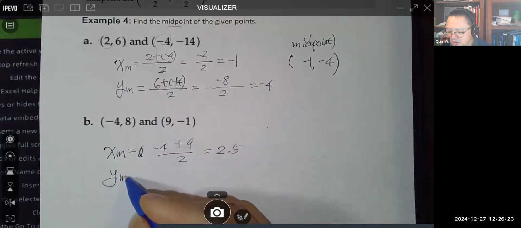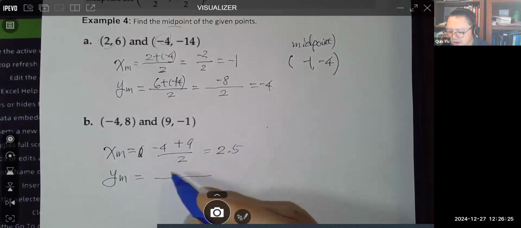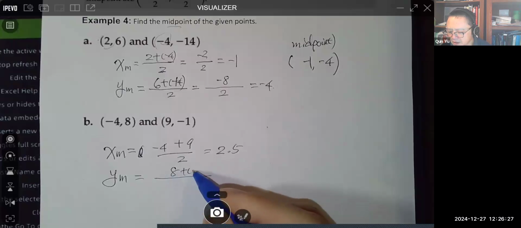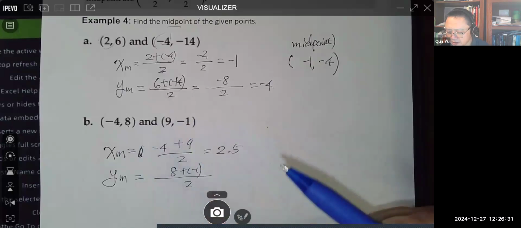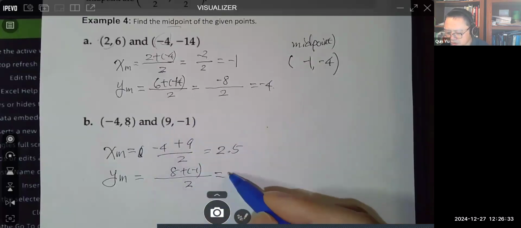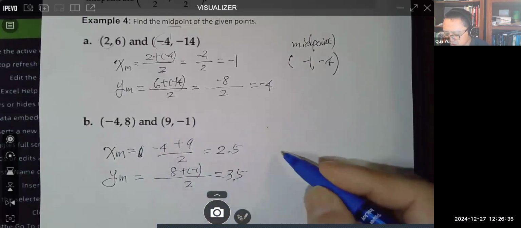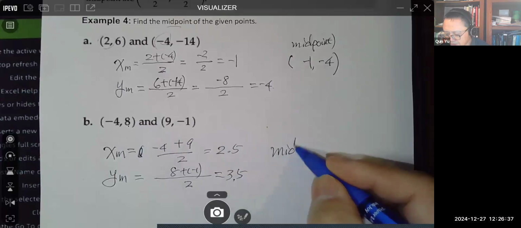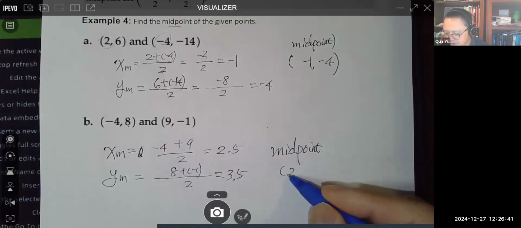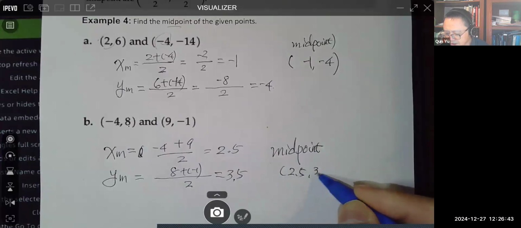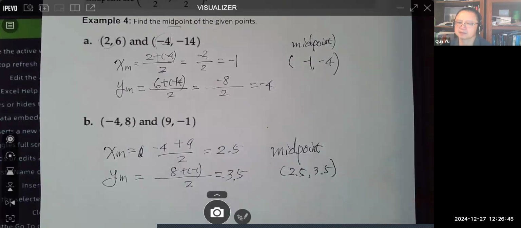Y midpoint coordinate: 8 plus -1 divided by 2. That's 7 divided by 2, 3.5. So our midpoint is 2.5 and 3.5. And that's it. That's all for this video.